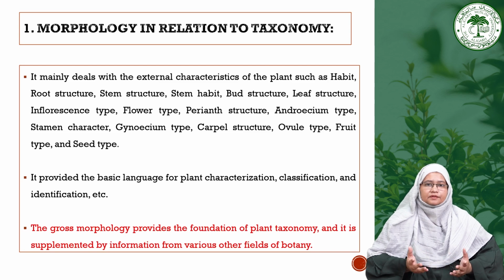These are some of the morphological characters that are used to categorize different plants, and it is a very broad topic. That's why for this topic I have created a whole one-week lecture, which we will study before starting the families, because if we don't know the morphology, it is very difficult to define a particular family and its characteristics.